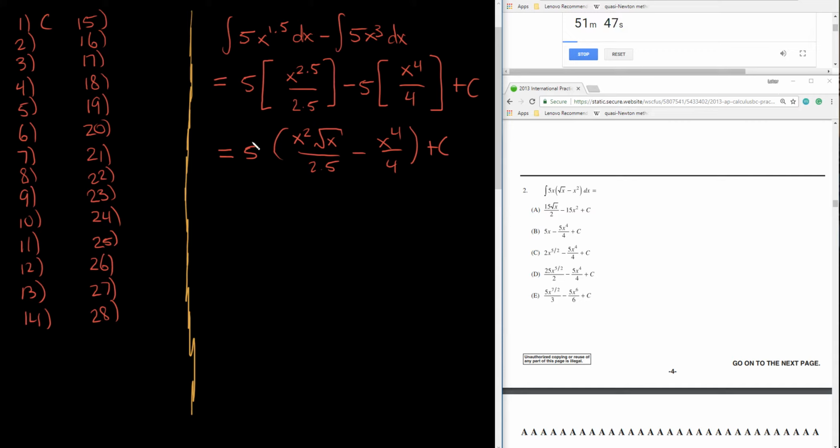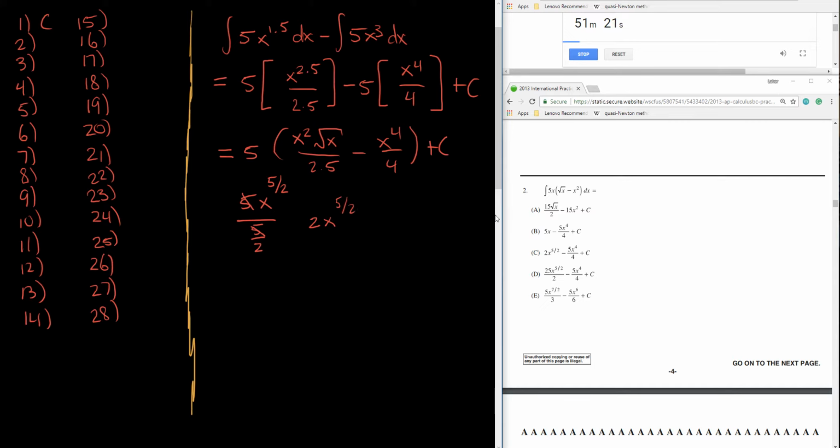Let's check D. So if we get this 5 coming in here, then we get 5 times x to the 5 halves, so 2.5, divided by 2.5, but 2.5 is just 5 halves. So this cancels out, that cancels out. And this leaves us with this term itself just equals 2 times x to the 5 halves.